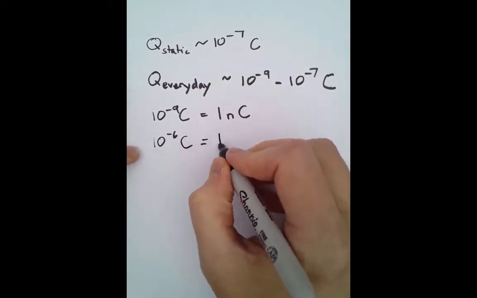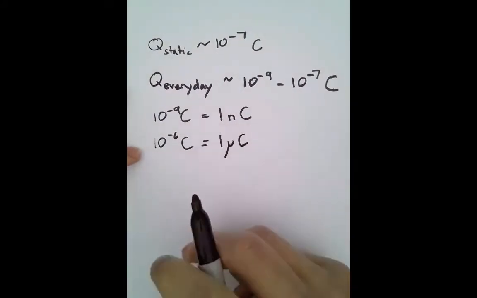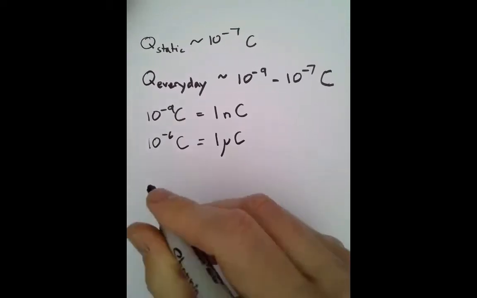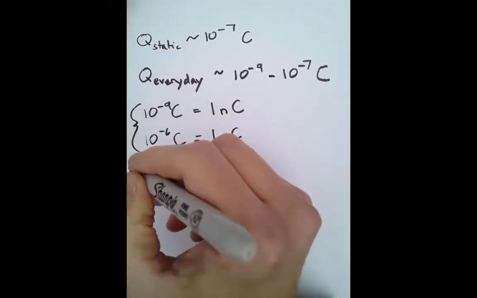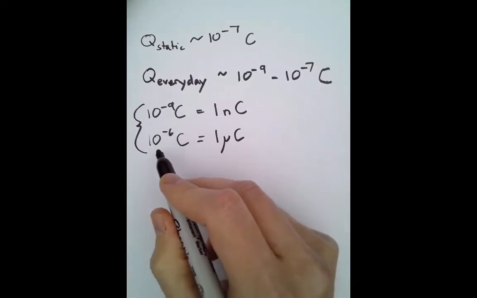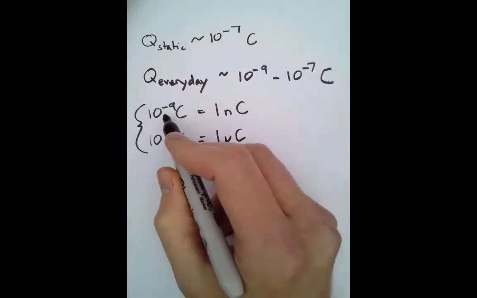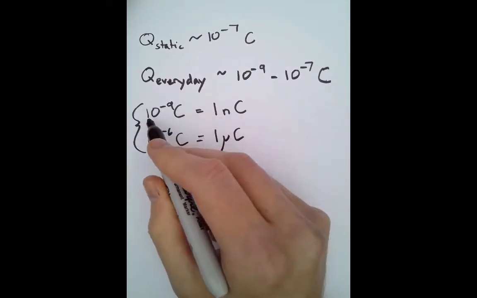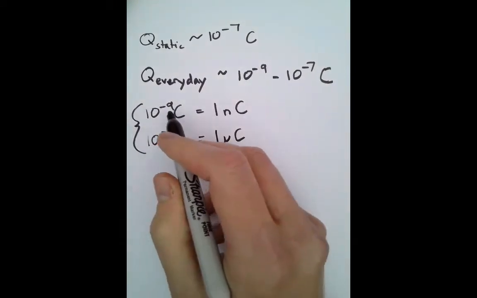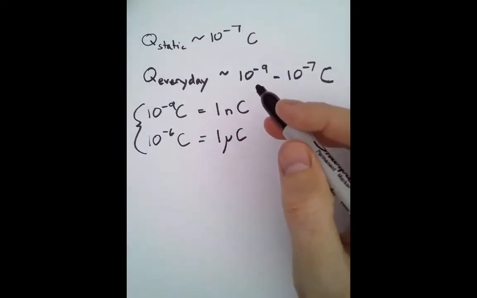And this is 1 microcoulomb, which is written like that, using mu, which is the Greek letter M for micro. Okay, so this is kind of the range. The most charge you're ever likely to encounter in real life is around 10 to the minus 6 coulombs. Sort of a safe bet, if you just want a number to compare to, is around 10 to the minus 9 coulombs, 10 to the minus 8 coulombs.